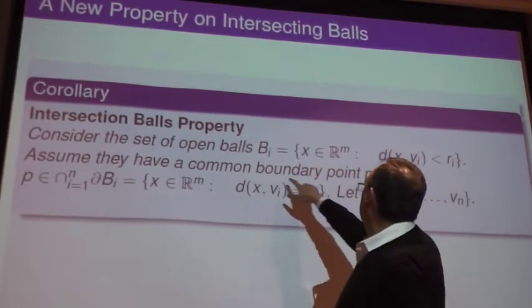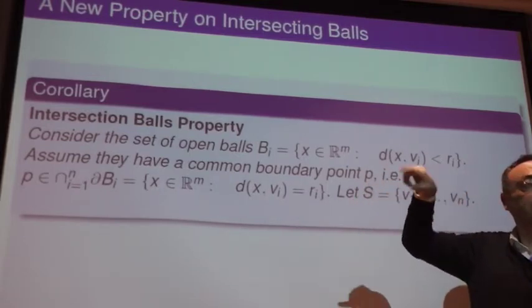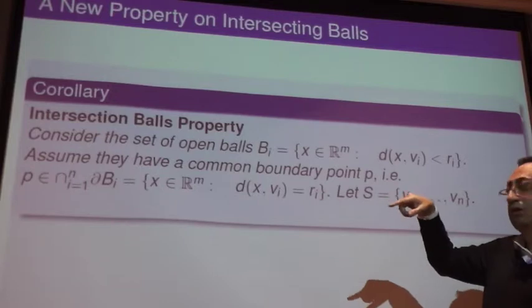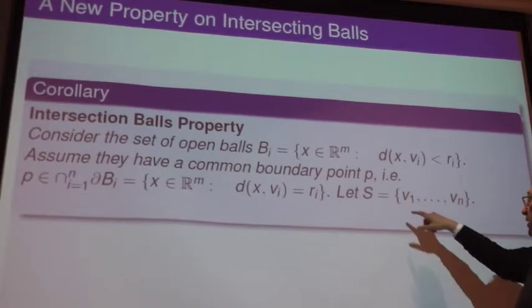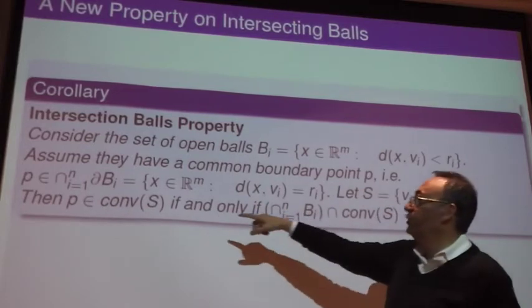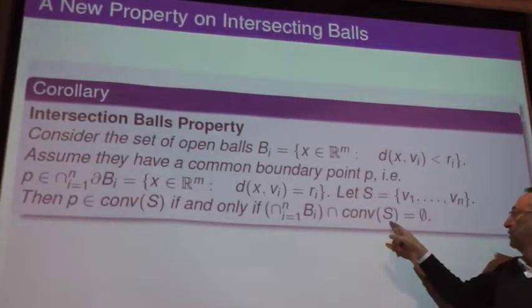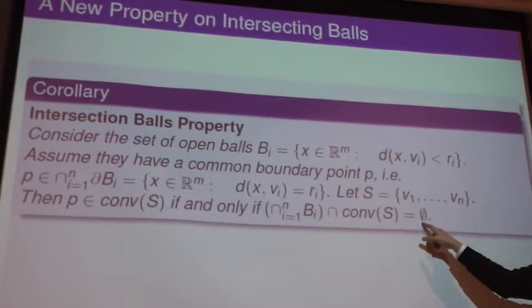Assume they have a common boundary point P. Let S be the set of centers. Then the point P is in the convex hull if and only if this intersection is empty.